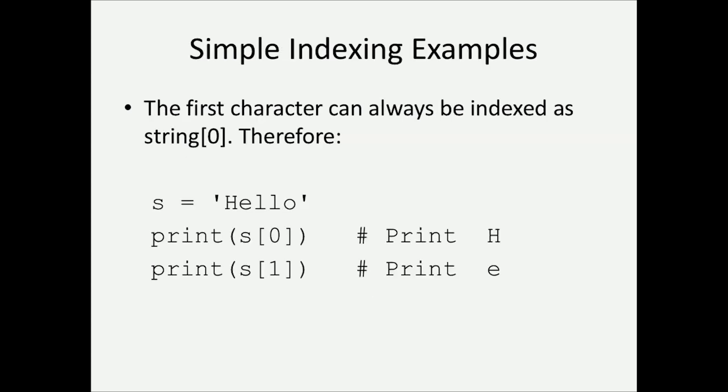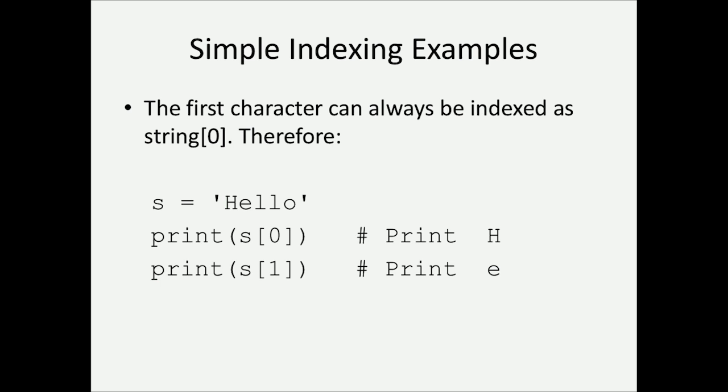So let's take a really simple example. s equals "Hello". How do I refer to the first character in the string? Now remember, it's not 1 to n, it's 0 to n minus 1. So the first character is 0. How do I print the first character? I say s, and now I use the square brackets. It's always the square brackets with indexing.